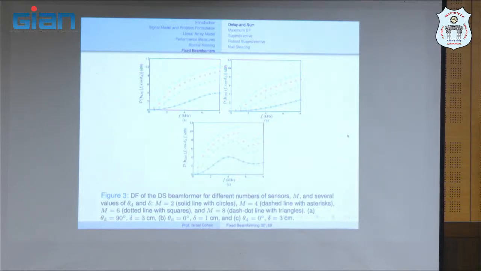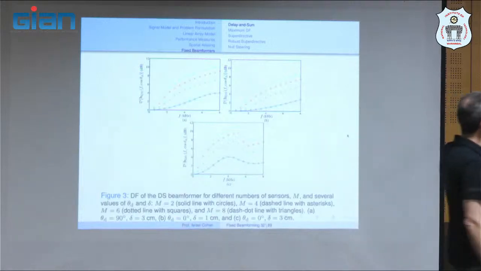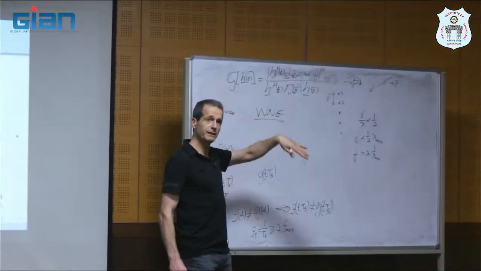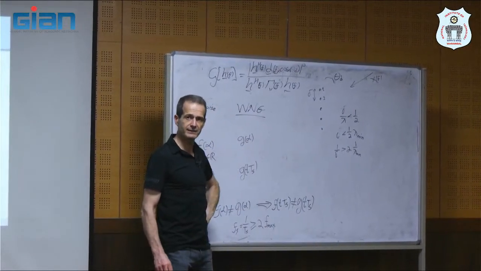Because if we amplified the diffuse noise, the array gain for diffuse noise, or the directivity factor, would be lower than 1, lower than 0 dB, so negative.